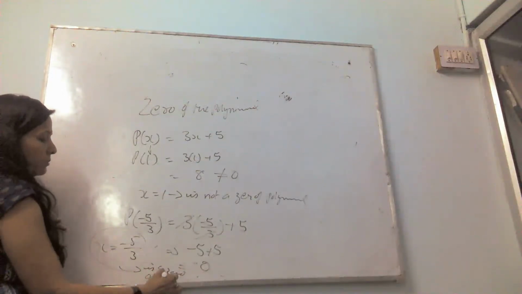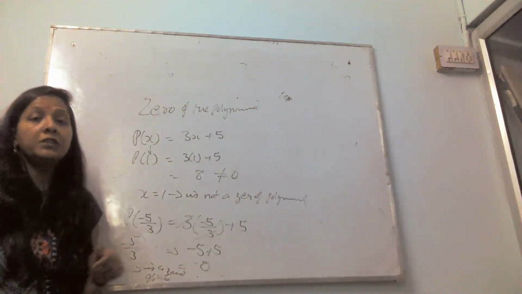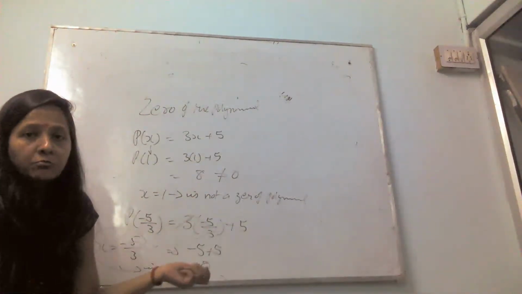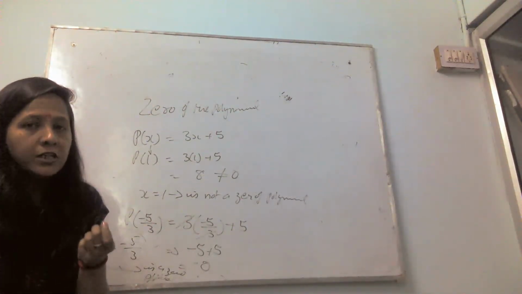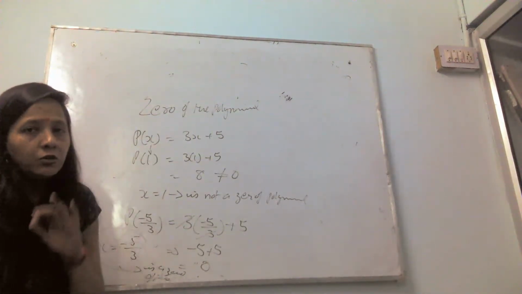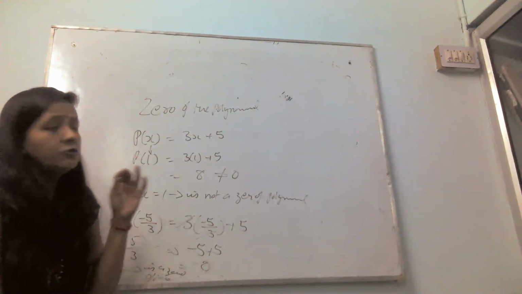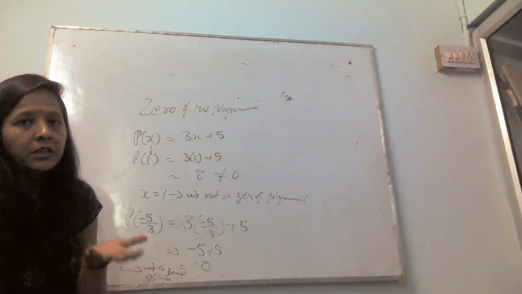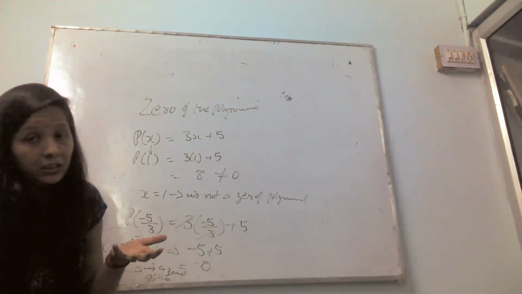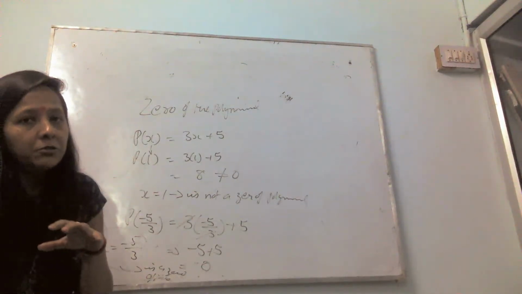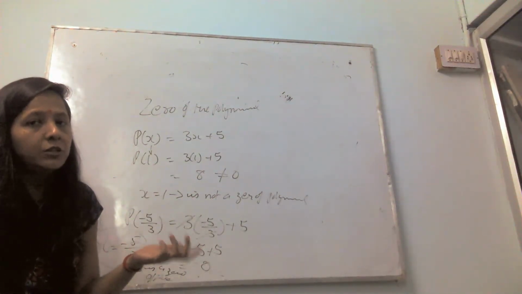Zero of the polynomial means which value of the variable, when put in the polynomial, makes the value of the polynomial equal to 0.